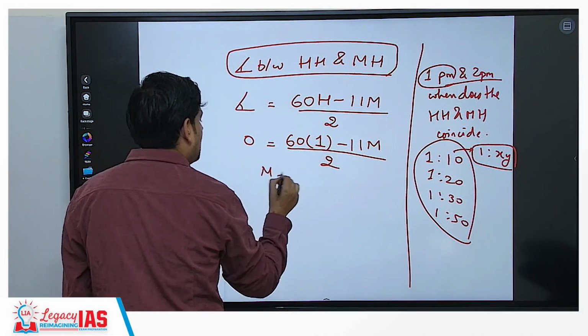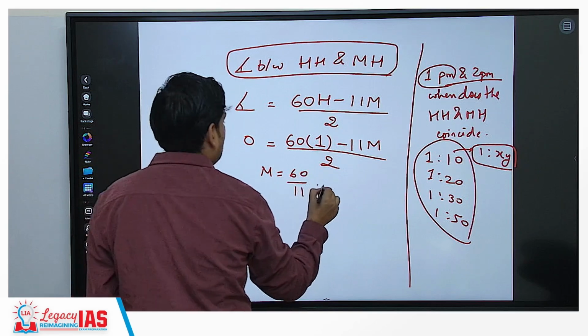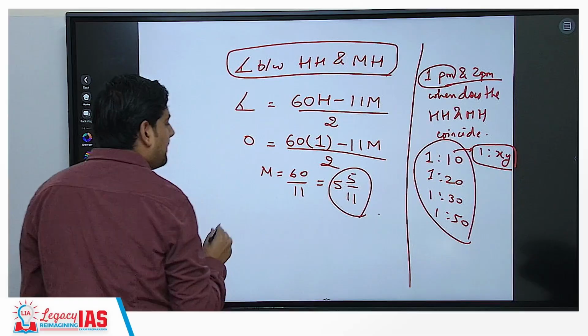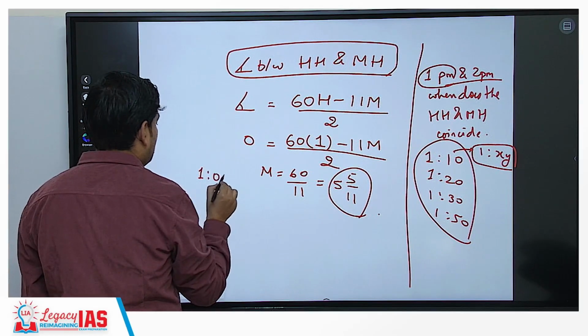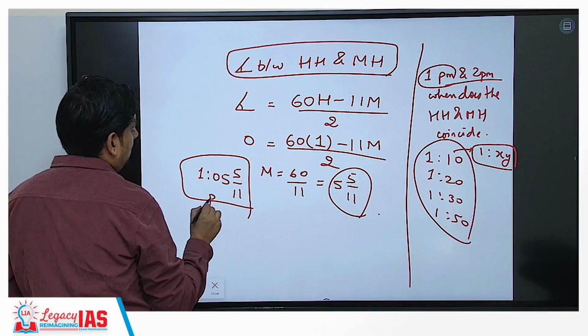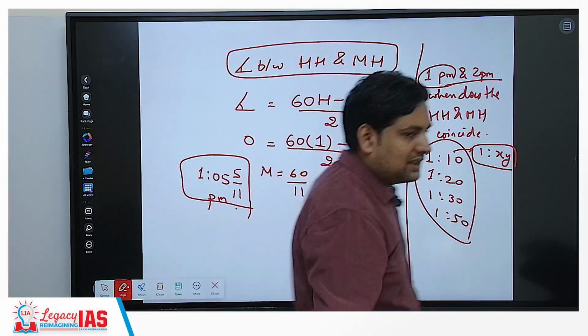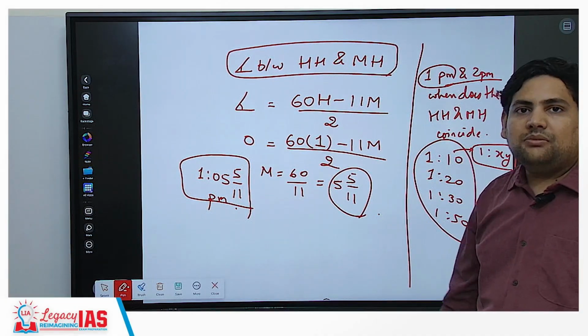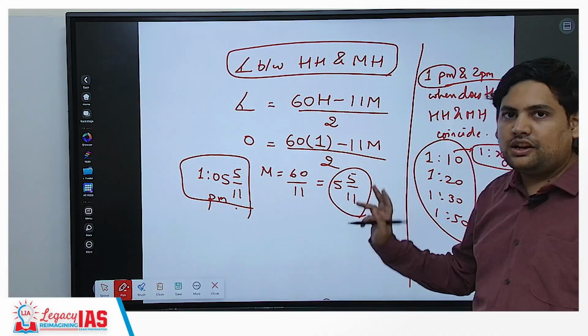That means m comes out to be 60 by 11, or 5 and 5 by 11. That is, the time is 1:05 and 5 by 11 p.m. This is the exact time when the hour hand and minute hand coincide between 1 and 2.